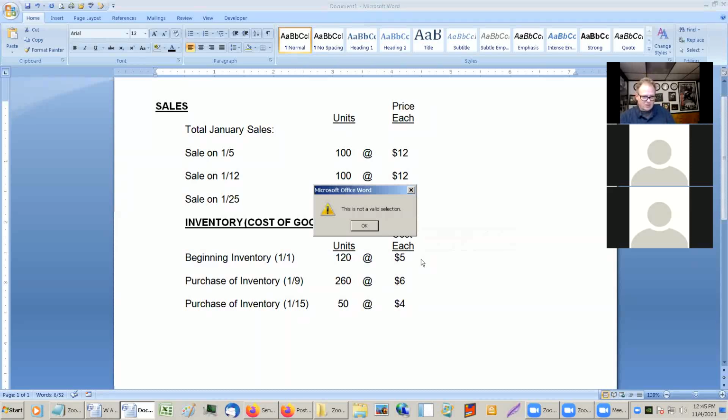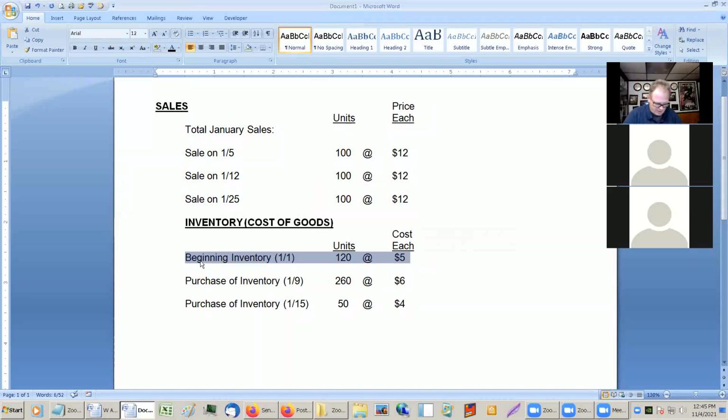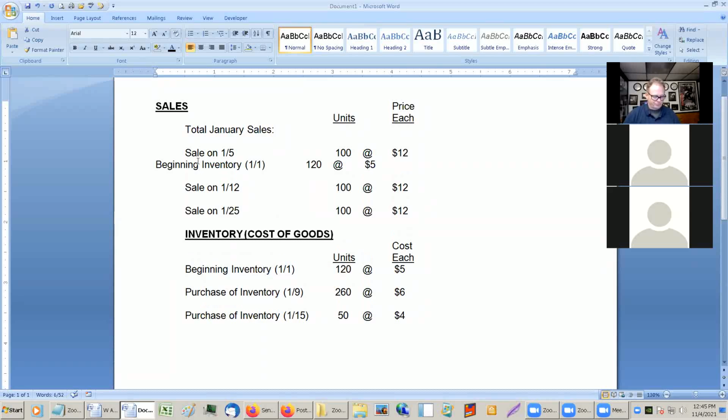So the cost of goods sold would come from that first layer.